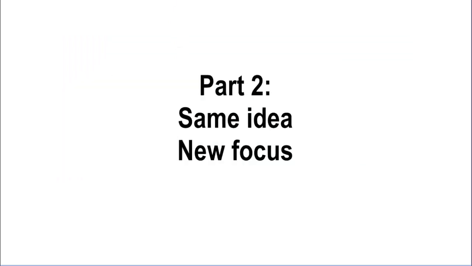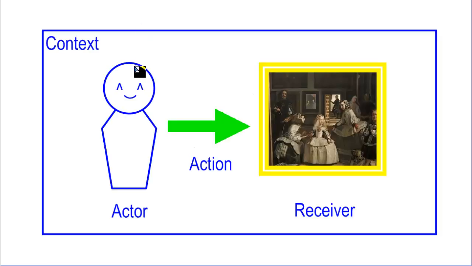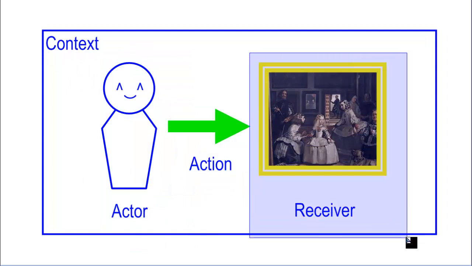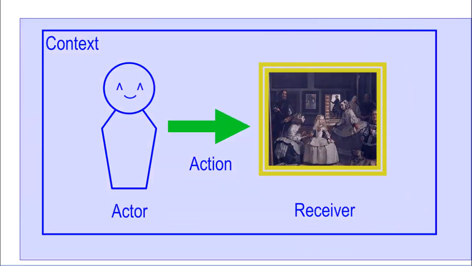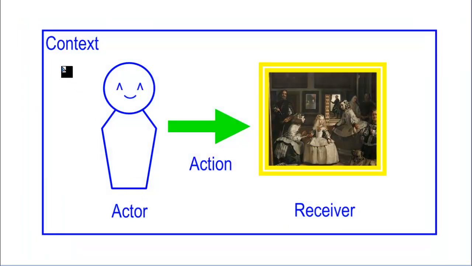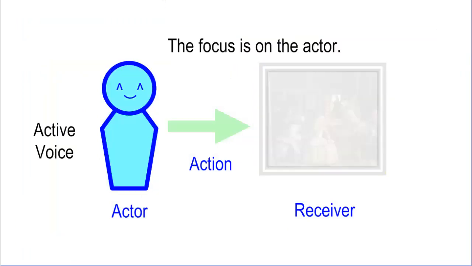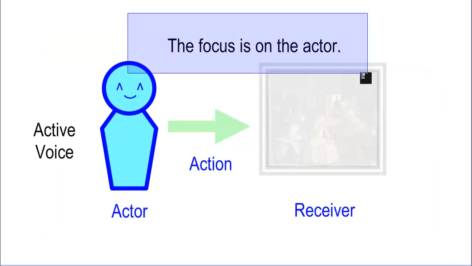Part 2 is the same idea, but with a new focus. Normally, these are the elements of any sentence. Okay, you have an actor, you have an action, sometimes you have a receiver, and you have the context where it happens. Okay, those are all the different elements of a sentence. And if I want, I can focus on the actor.